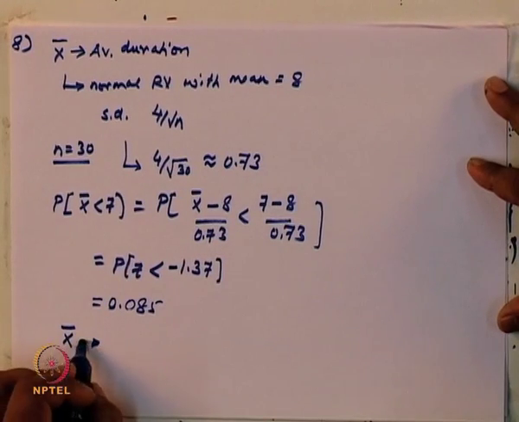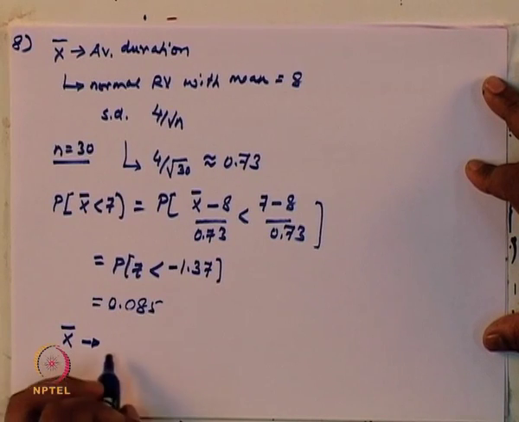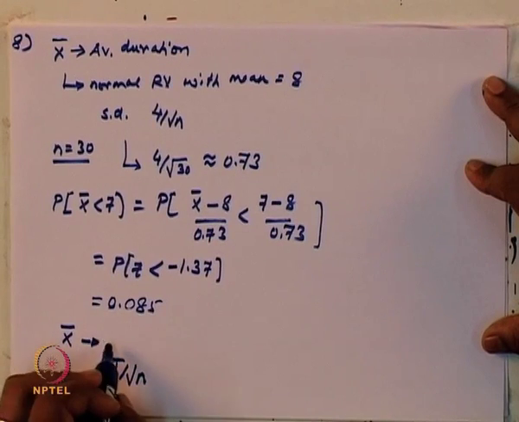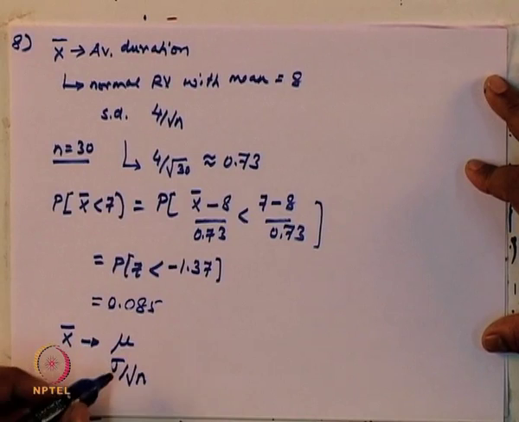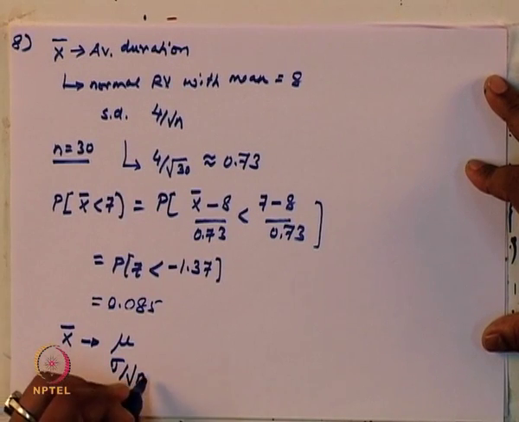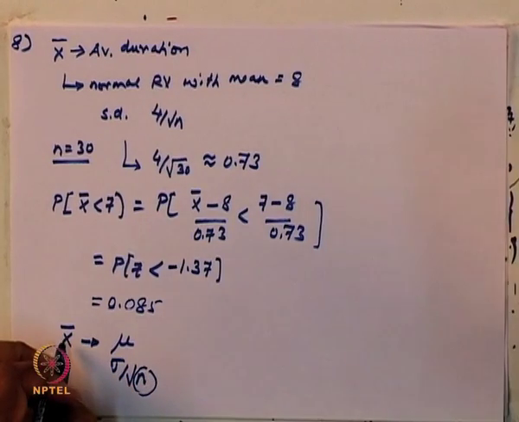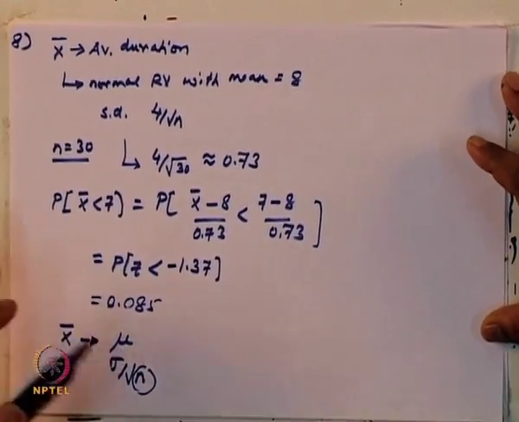The mean of x bar is mu, the same as that of the x random variable, but the standard deviation is sigma by root n. Because of this scaling, when you increase the number of measurements, you get a much better estimate of the sample mean. With that, I will stop here and we will continue in the next class.